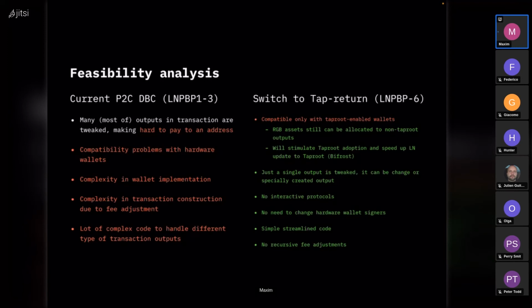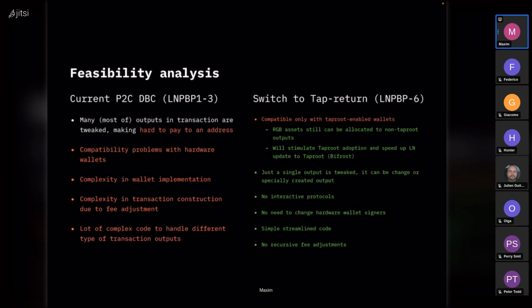A wallet must support creation of a Taproot output, and the idea is that it can drive adoption of RGB. And also because we need to modify the Lightning protocol, we are modifying Lightning into Bifrost to support RGB anyway. That's a good opportunity to bring Taproot into the Lightning network as well.